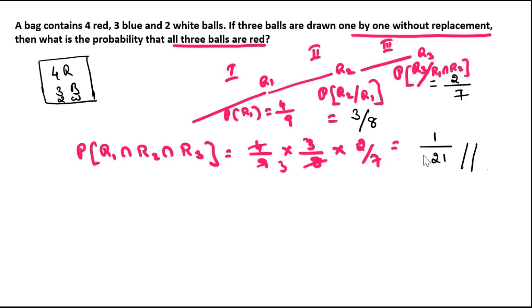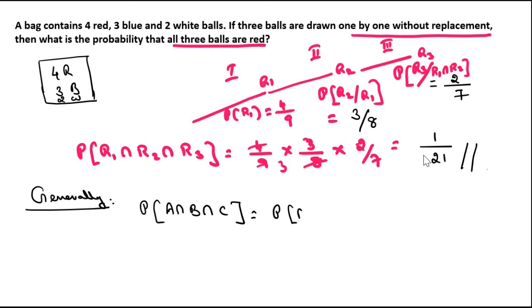So we can say generally, probability of A intersection B intersection C. See, we are doing an extension of the multiplication theorem. Previously we had done A intersection B, which means probability of A into probability of B given A. So here, A intersection B intersection C: probability of A, that is probability of R1.